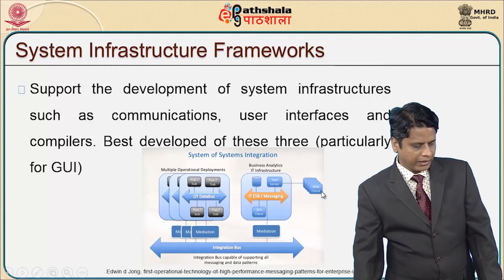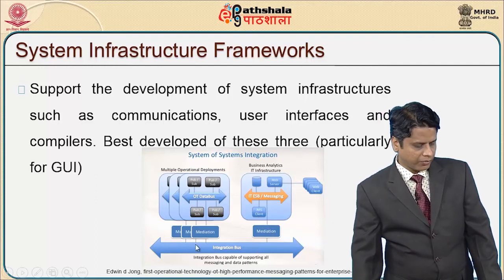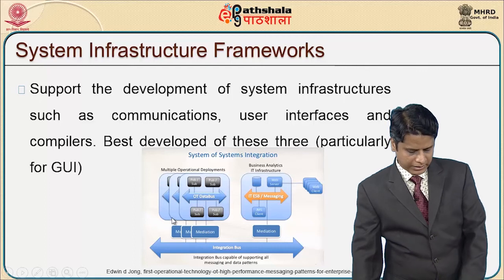And any web client can connect to the web server. Further, they can get access to the client, the JMS client, and through the mediation they can connect with the integration bus for various systems. It can be networked.